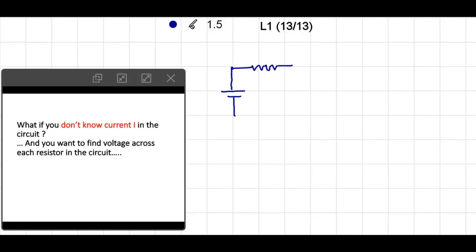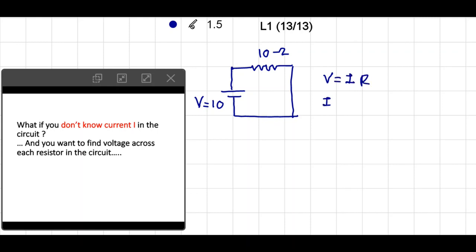If you are asked to find the voltage across the resistance, suppose V in is 10 volt and this resistance is 10 ohm, we would simply use V is equal to IR.